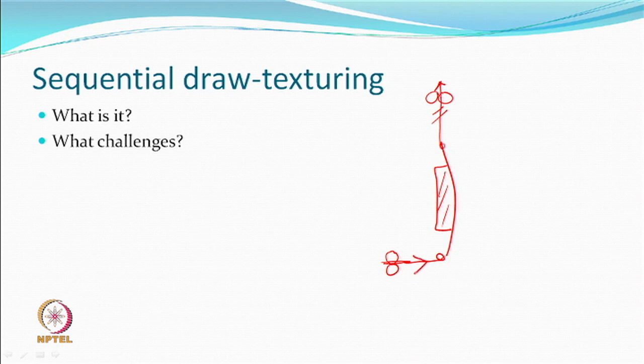So, this is the way we were operating our false twist texturing. So, what they said is let us put another set of rolls before this, and between these two rolls you do drawing.